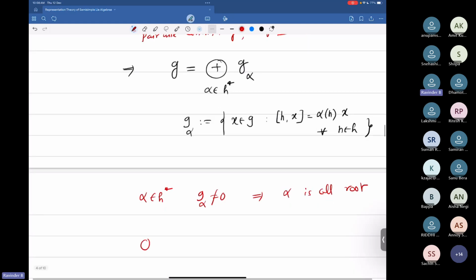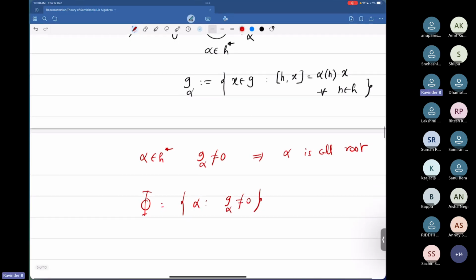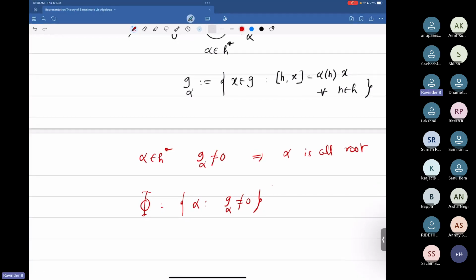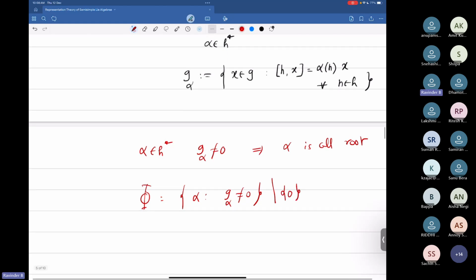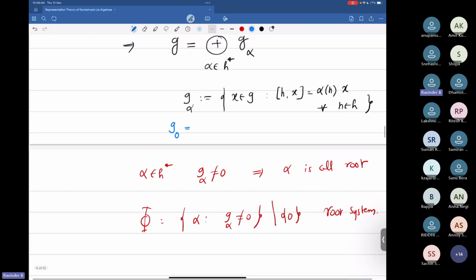And if you collect all those alphas where G alpha is non-zero, and by the way, the zero, you may have to remove that, because of the root system definition. This is a root system. So just the zero you have to remove. By the way, what is the definition of G0?